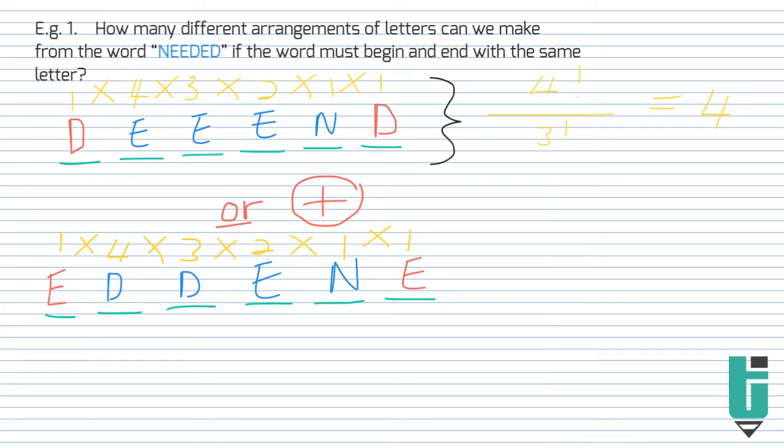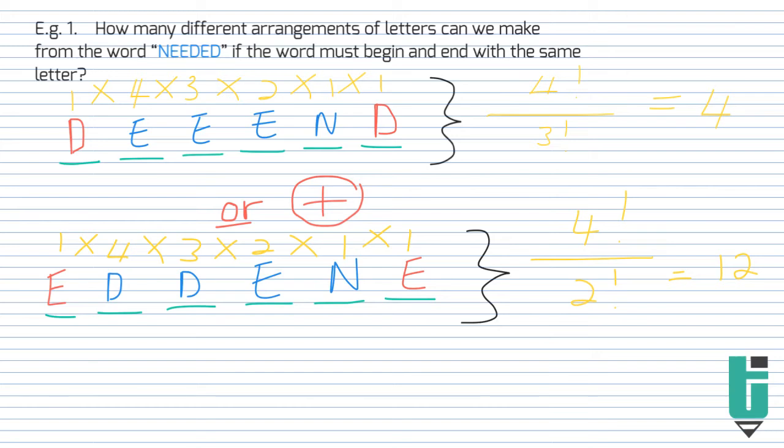Remember, we're considering the total amount of arrangements without thinking about identical letters. So we write 4 factorial at the top, and at the bottom we have to compensate for the fact that we do have identical letters. We have 2 D's, so we need to divide by 2 factorial. And this will give you an answer of 12.